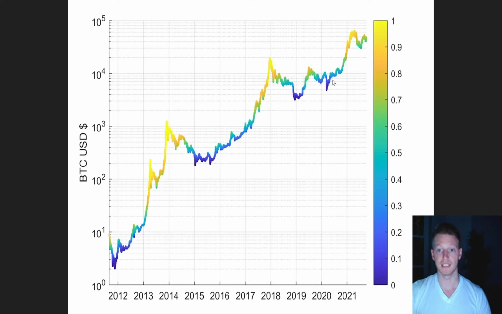Having something that's telling you, here comes the market cycle bottom and you should be DCAing in heavily, or here comes the market cycle peak and now you should be starting to think about getting out of the market. So just having a plan like this, guys, I think can really benefit you.